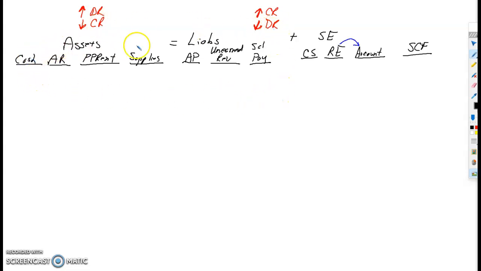I have already set up my headings for the horizontal model for this problem. Even though it did not ask us to do that, you still need to go through this thought process. So we'll do it visually. I just happen to know these are going to be the assets: cash, accounts receivable, prepaid rent, supplies. There are three liabilities: accounts payable, unearned revenue, and salary payable.